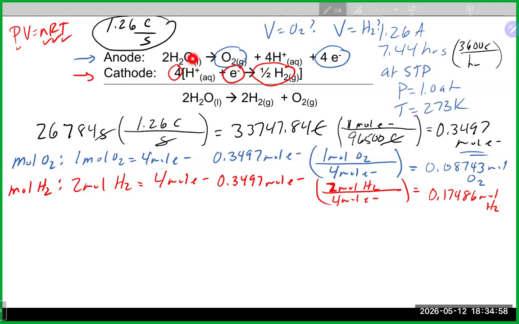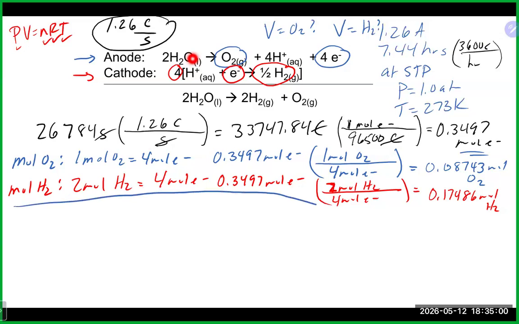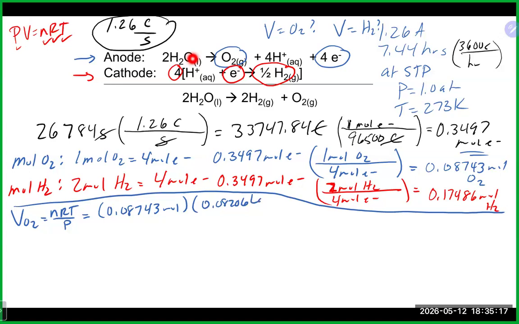We'll go back to oxygen here, and the volume of oxygen would be nRT over P. Popping in our numbers, our moles of oxygen, 0.08743, and our gas constant, 0.08206.